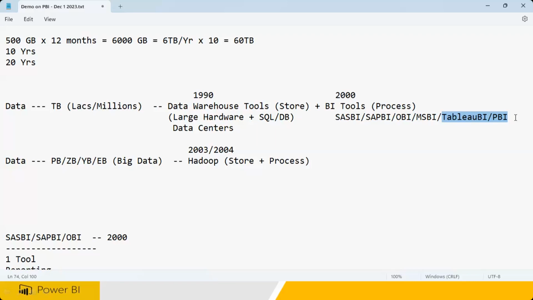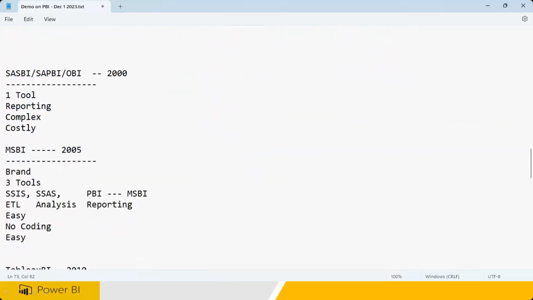But before Tableau BI or Power BI, you had MS BI by Microsoft. As I told you, Microsoft BI was released in 2005. In this, we had three tools: SSIS, SSAS, and SSRS.